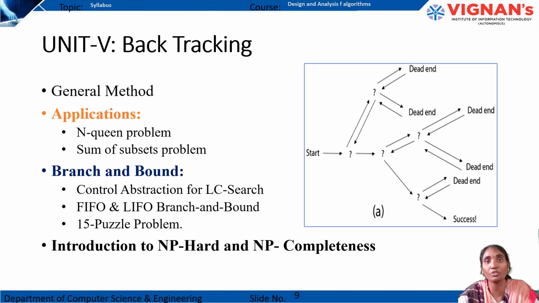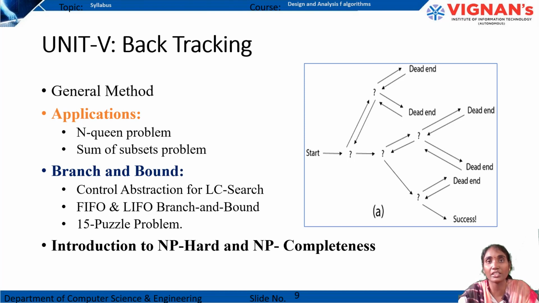For example, if you are playing a chess game, and the opponent makes one action, with that action you immediately calculate the next action to be taken, right? Based on the next action which you are taking, we analyze it and decide our next step.